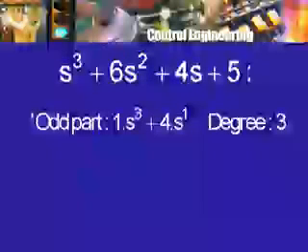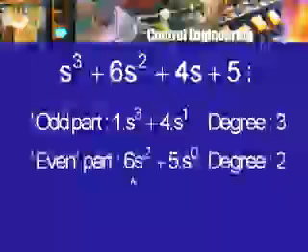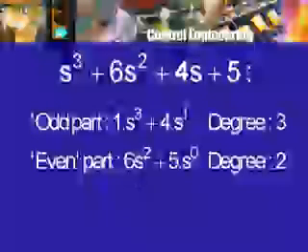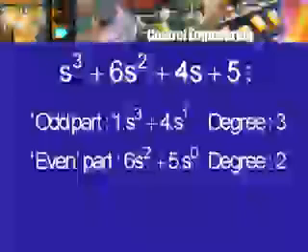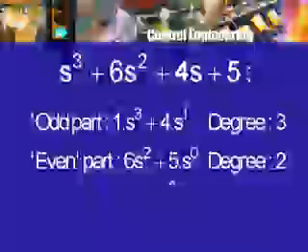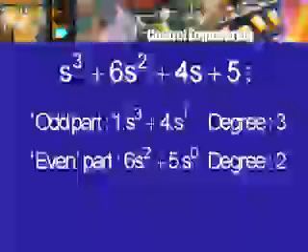Now what remains? What remains is the term 6s squared. Now what is the power of s here? 2. 2 is an even number. The other term that remains is 5, but I can write it as 5 into s raised to 0. By the law of indices, s raised to 0 is 1, and we treat 0 as an even number.